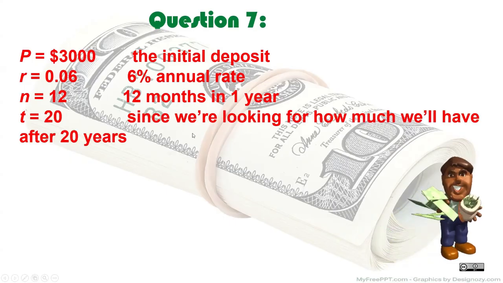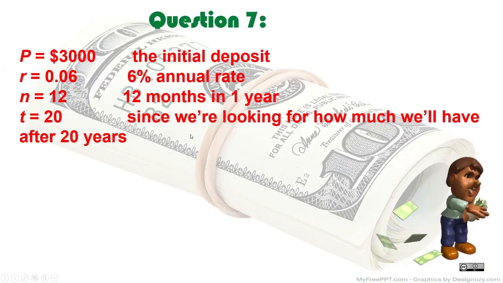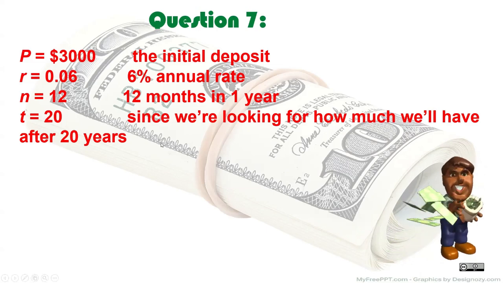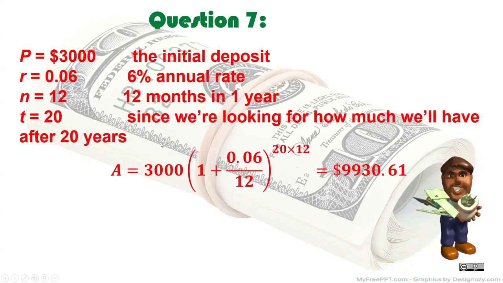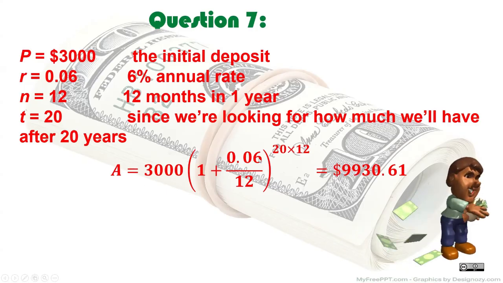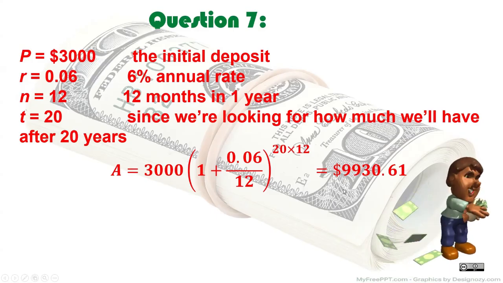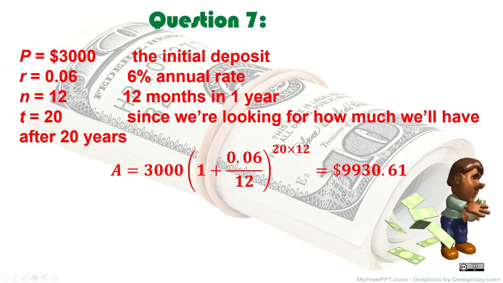Our T is 20 years since we are looking for how much we will have in 20 years. And then we took this information and plugged it into our formula. And after we worked it out in detail on our calculator, we got $9,930.61.